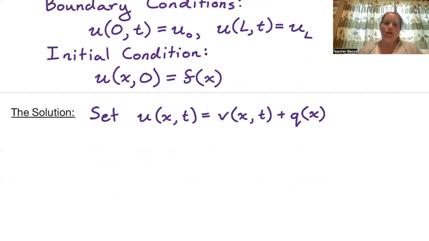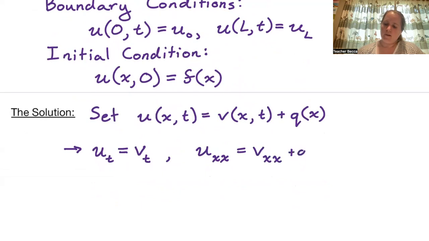work with. So this means that the first partial with respect to t of u should just be equal to the first partial with respect to t of v. We also have the second partial with respect to x of u is equal to the second partial with respect to x of v plus q double prime of x.